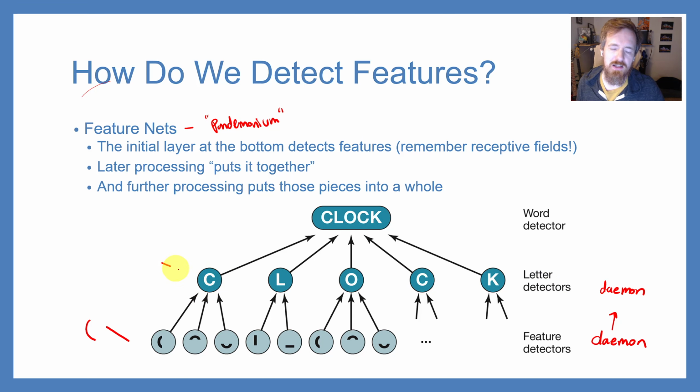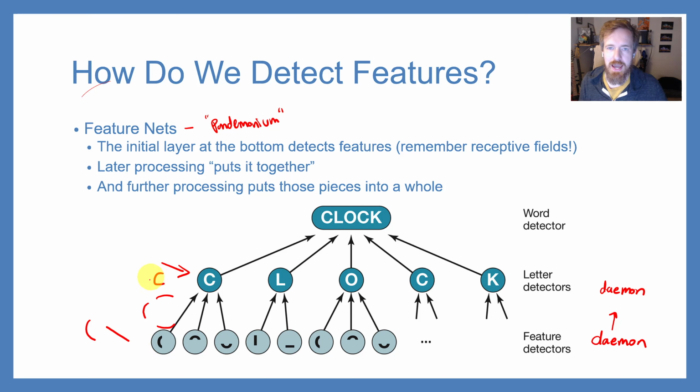So if this demon right here gets this bundle, these three different features, a line that's curved that way, a line that's curved that way, and a line that's curved this way, it's going to put those together and say like, oh, by golly, that is a C.